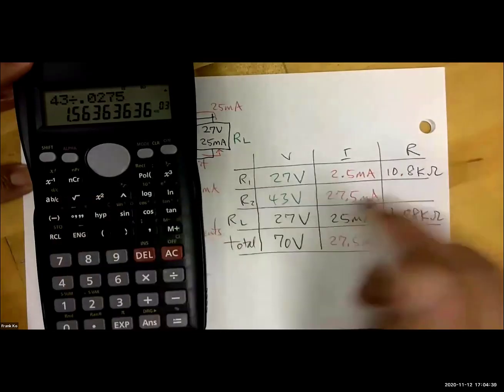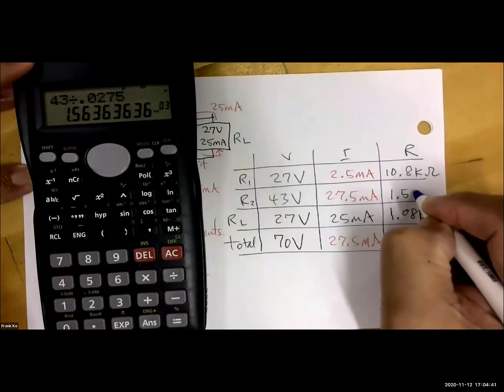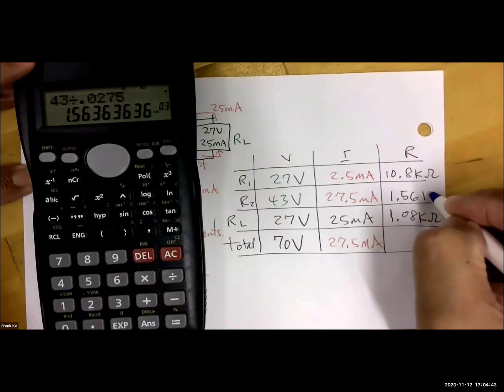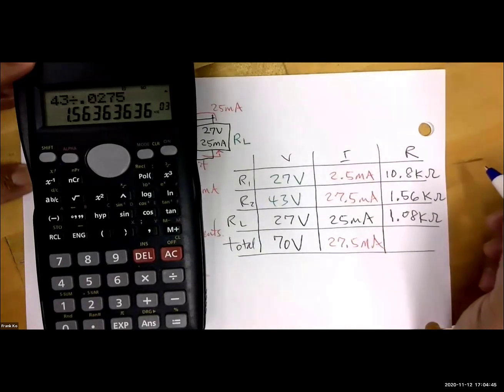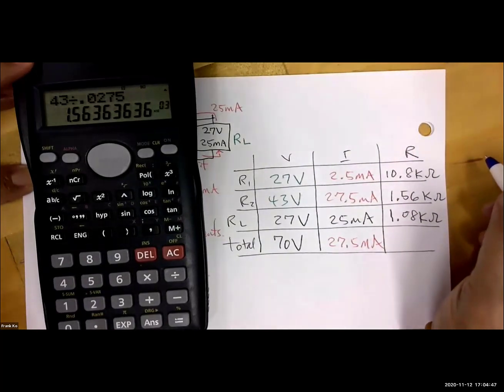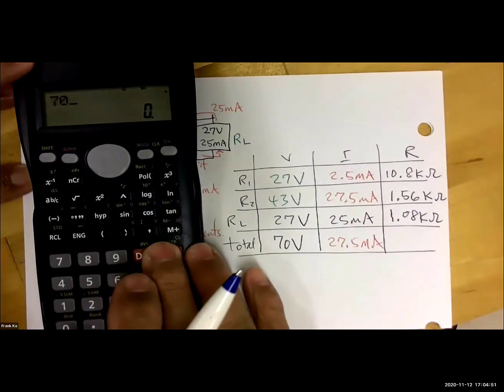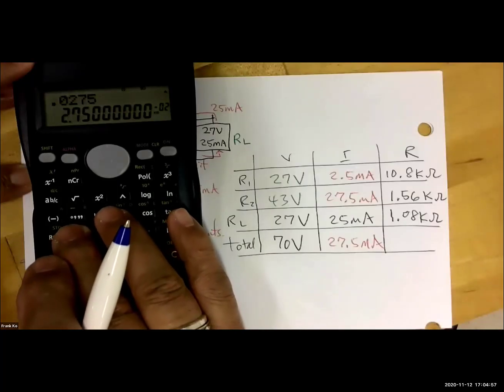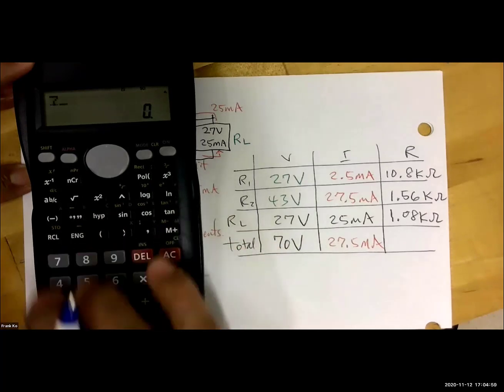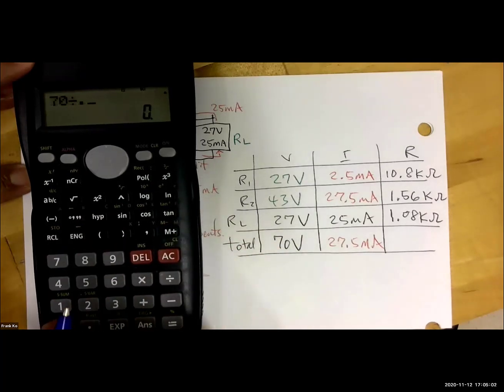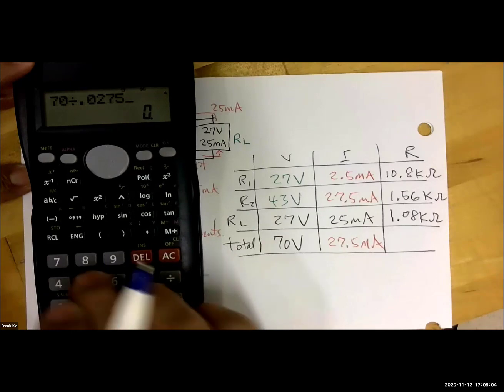And Yusuf, the value of R2? 1.56 kilo ohms. So it works out to be 1.56 kilo ohms. And how about the total ohms there, Jackie? 2.55 kilo ohms. 70 divided by 0.0275.